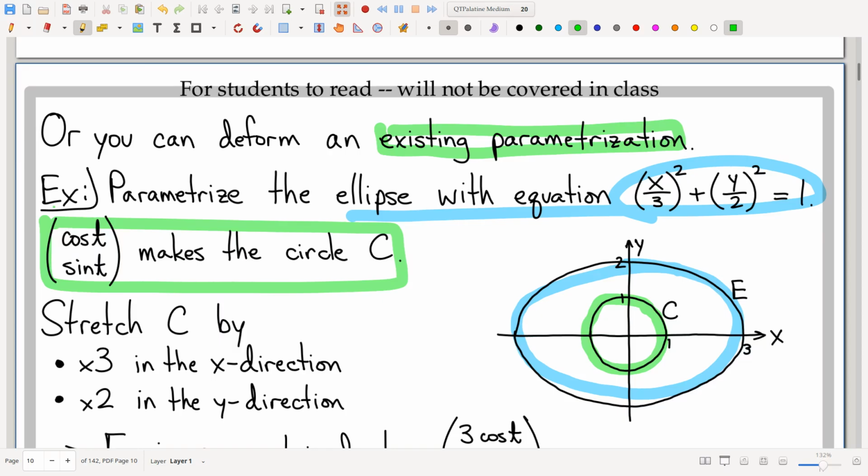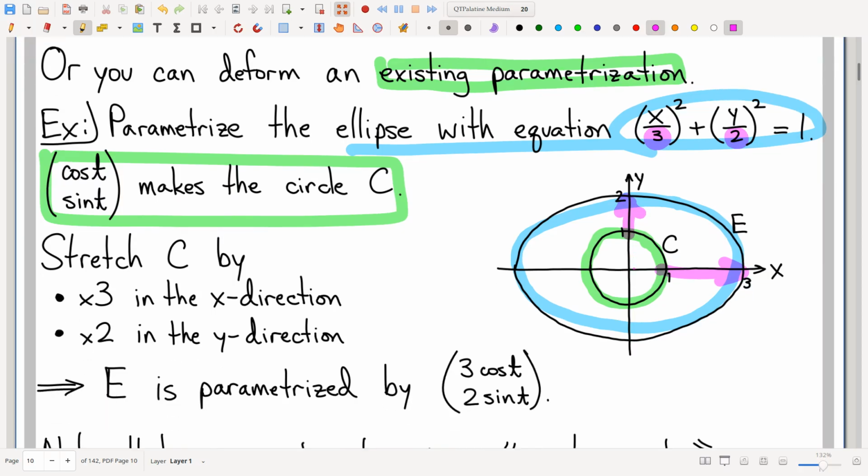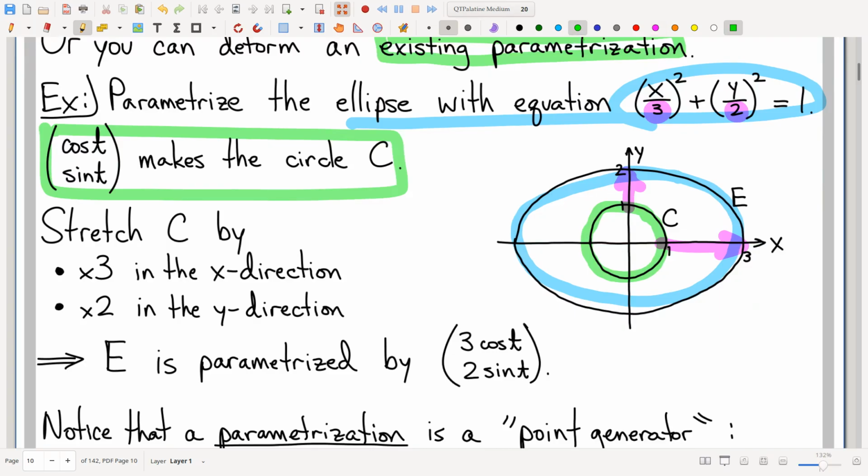Right? And in fact, you can see how much they're stretched out. So these numbers here, 3 and 2, tell you how much to stretch in the x and y directions. And so the big idea is to take your existing parameterization, and then literally just stretch correspondingly.